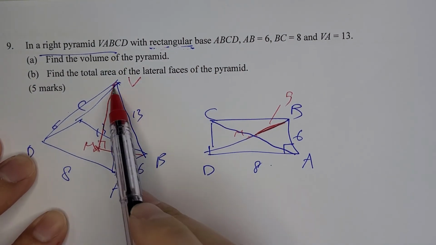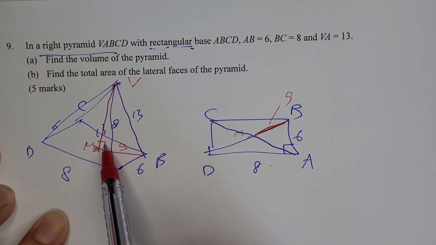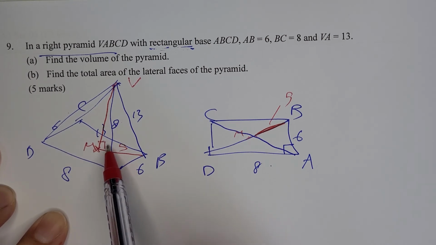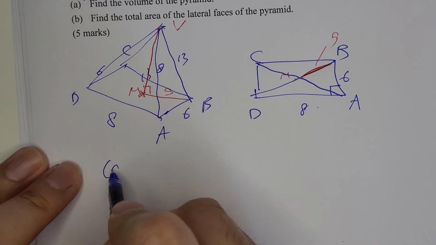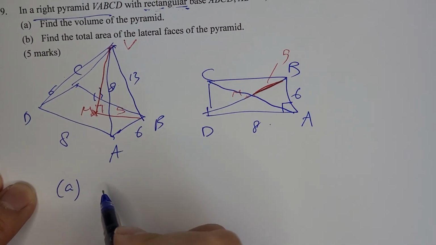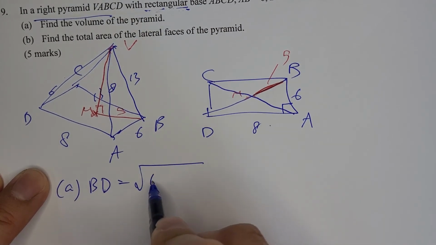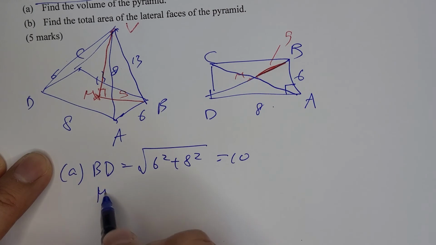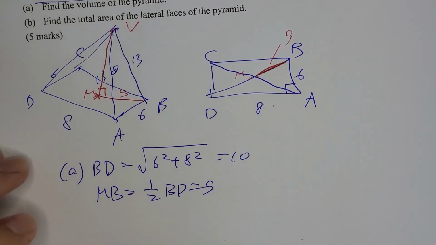But of course, when you look at the 3D figure and project it down to the base ABCD, that forms the right angle. So you can find the height of the pyramid. So part A, you can find the length of BD by using Pythagoras theorem, and then you can find MB, that is 5.